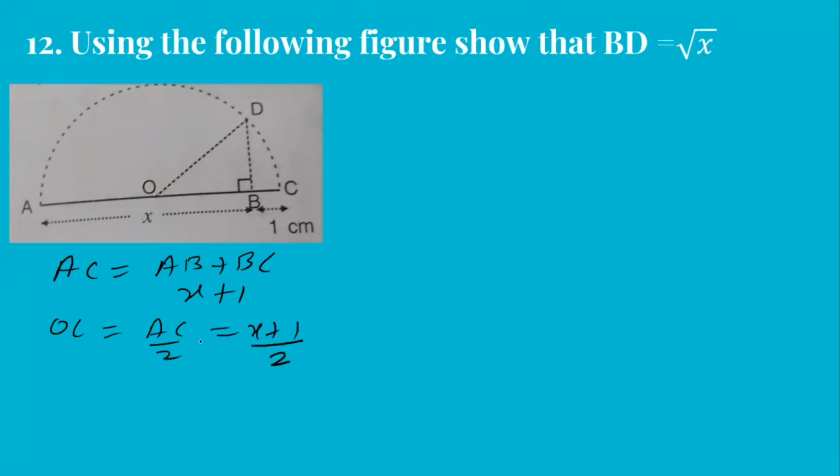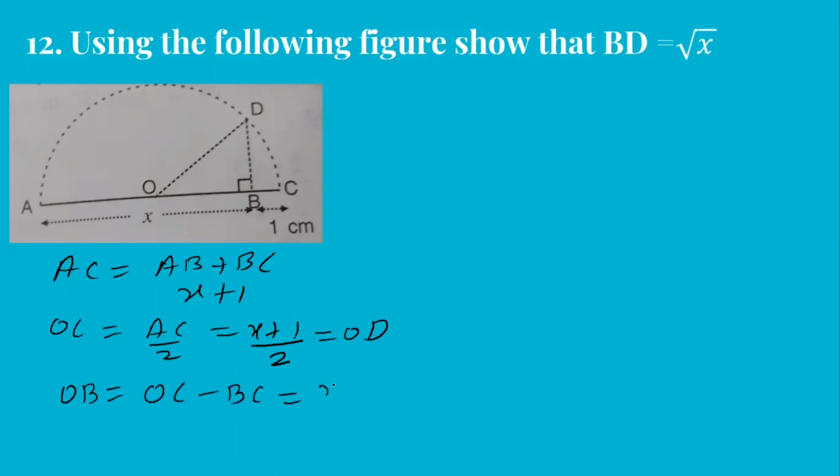Right? We got OC. Same way, you will also get OD, because they are the radii of the same circle. So OC is equal to OD. So OD is also x plus 1 upon 2. Right? Now, since we have to find BD, let us find OB. So OB is equal to OC minus BC.